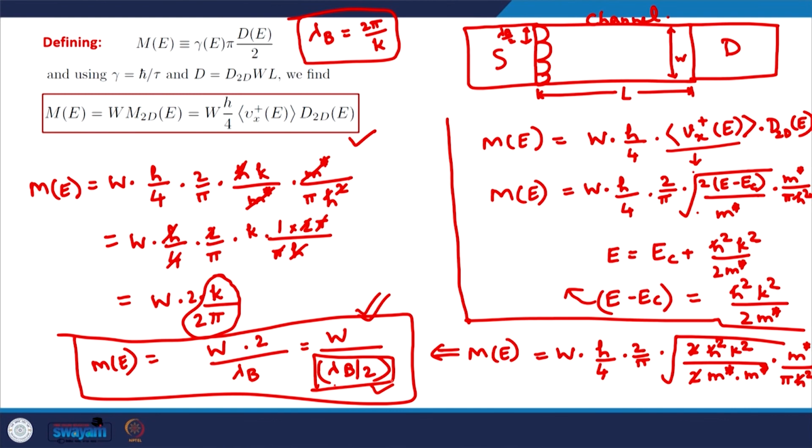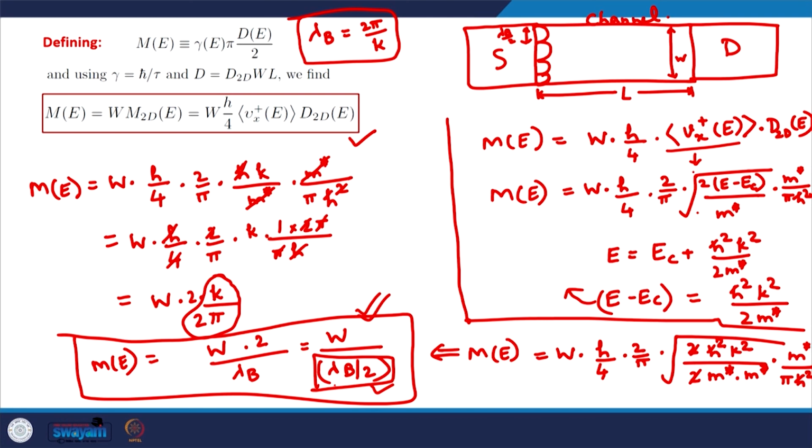As you might recall, in density of states, we have the number of allowed electronic states per unit energy per unit volume, and those energy states are discrete energy states. There is no broadening of energy levels, and we do not say that the electron is occupying a certain space. But while the electron travels, because of the finite lifetime, it leads to energy broadening of levels, and that broadening is roughly equal to lambda b by 2, the de Broglie wavelength of the electron.